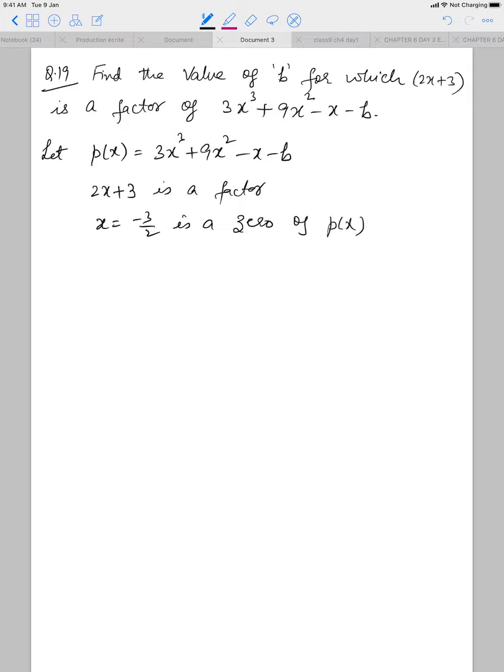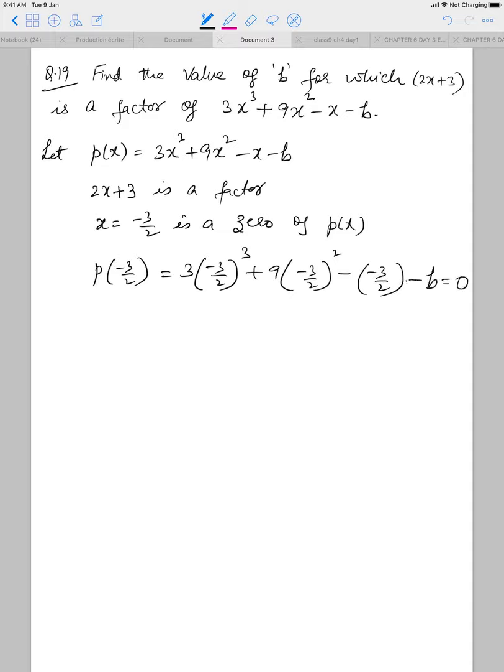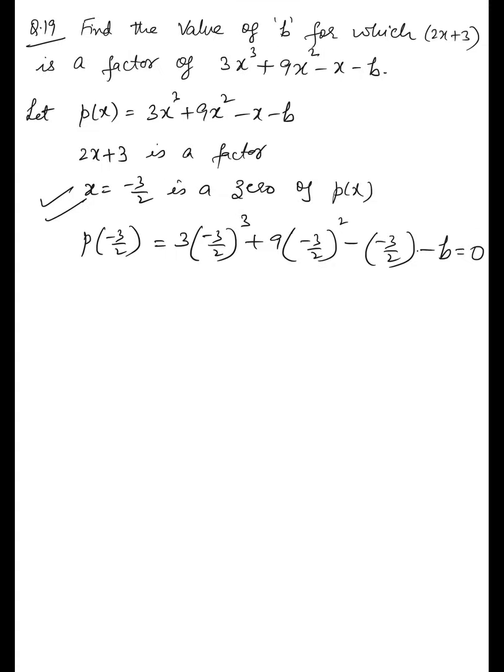If this is a zero, it means if I put the value x as minus 3 by 2, the value of the expression should reduce to 0 by the definition of zero of a polynomial. I hope all of you know the definition now. Zero of a polynomial is that value of the variable which makes the entire polynomial 0. So when it is saying that minus 3 by 2 is a zero of the given polynomial, it means minus 3 by 2 is that value of the variable x which will make the polynomial 0.